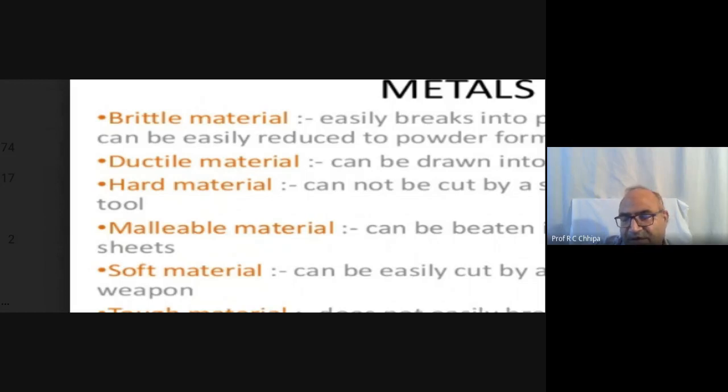Different technologies need these. If we talk about advanced gadgets, advanced technology, we have mobiles and laptops. In that case, metals and alloys are used to give strength and other relevant properties.